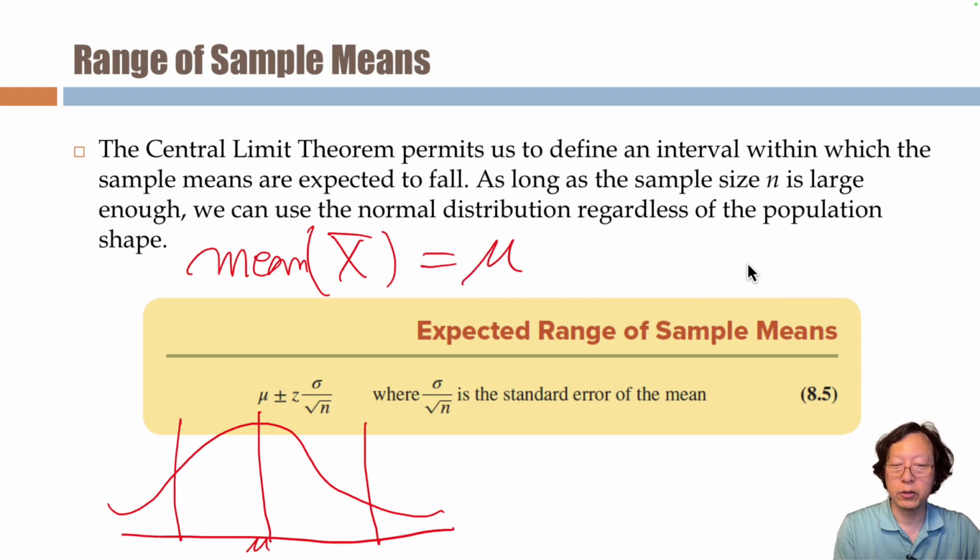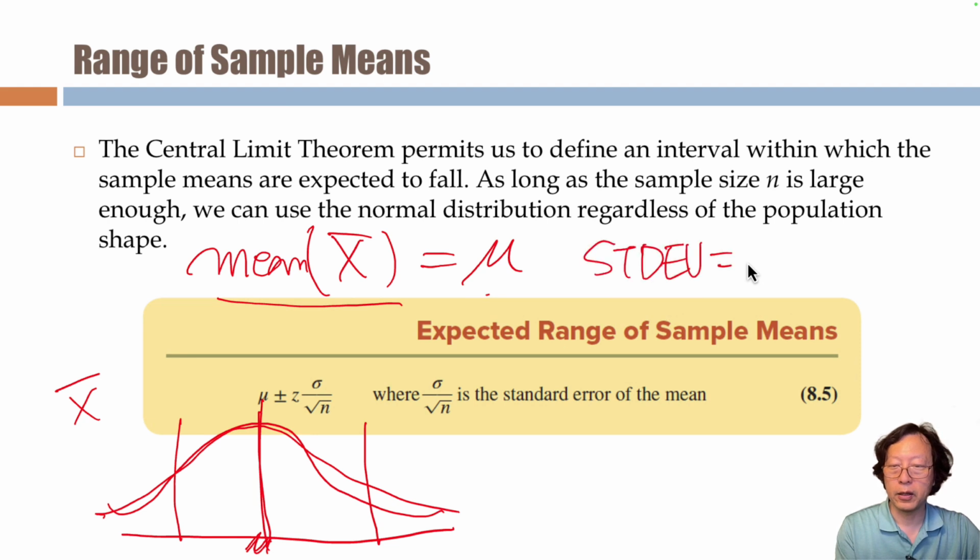That's why this graph is the x bars graph, the x bar distribution. So the center will be mu because the mean of x bar is mu, and the standard deviation of x bar will be sigma over square root of n, right?